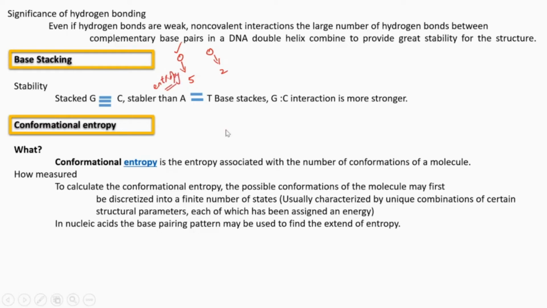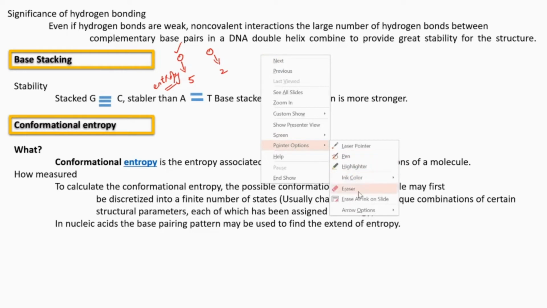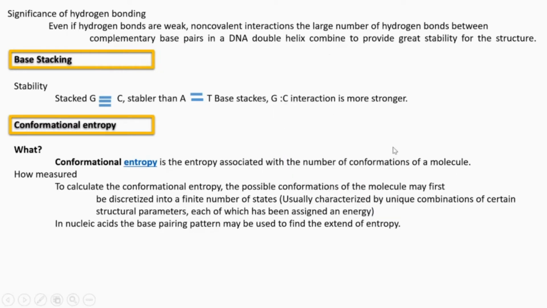Okay, I will make the same thing clearer with the help of a drawing. I'm going to show you a box. This is a box, and the total energy of this box is 5. As its total energy is 5, it has 5 energy levels: 1, 2, 3, 4, 5.